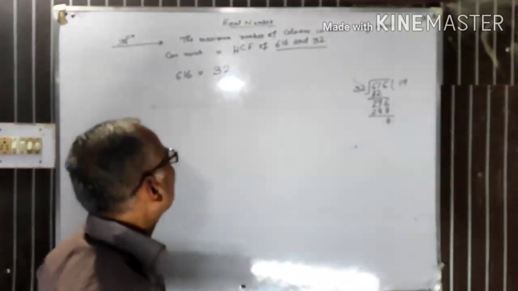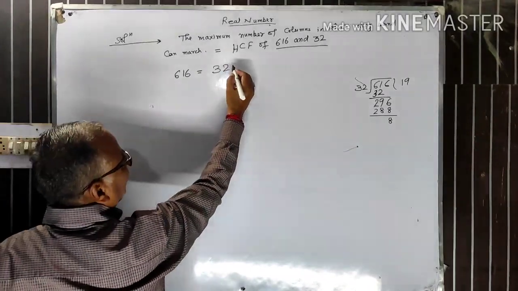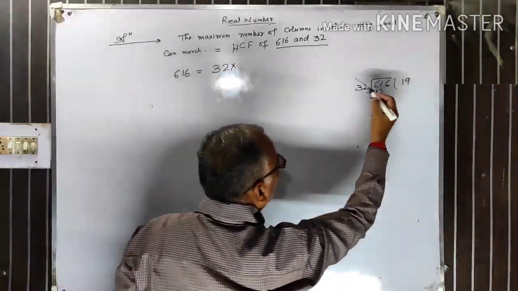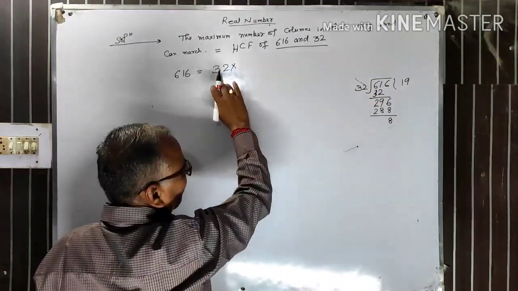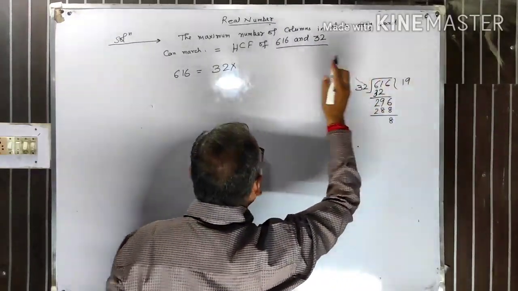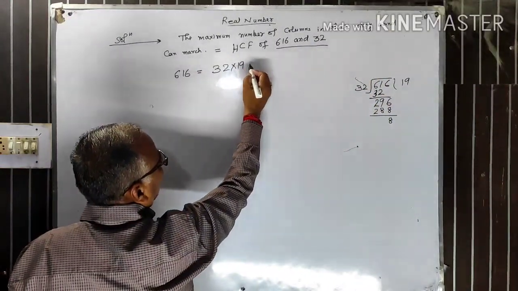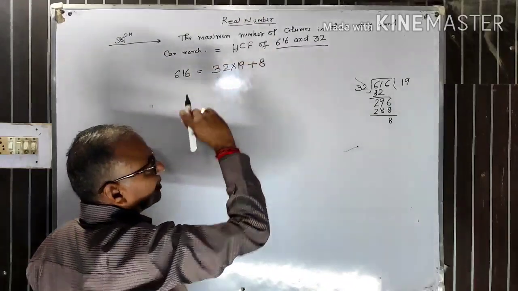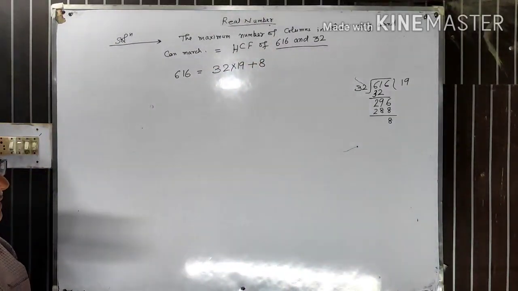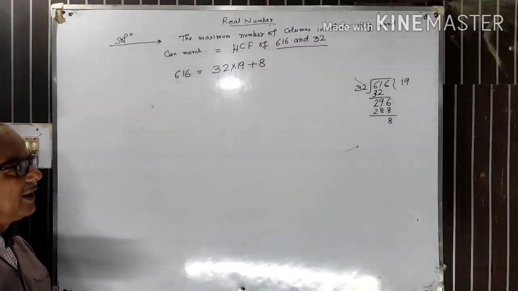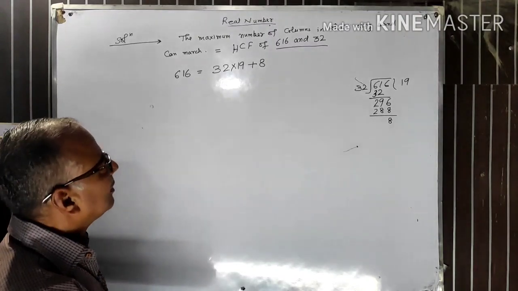Eight is the remainder. So if we divide 616 by 32, 19 is the quotient and 8 is the remainder.